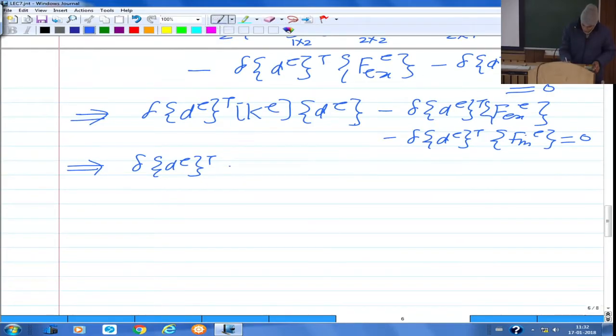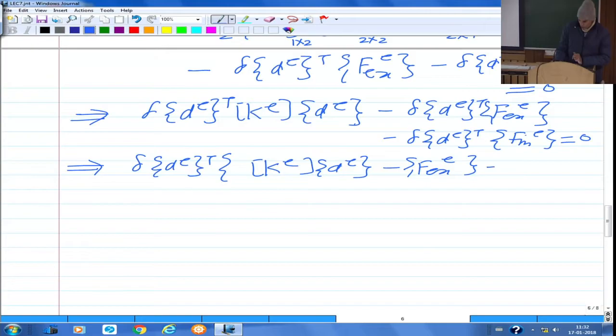What you have inside is the first term KE into dE. I am taking this variation of dE as common on the left-hand side, and what you are left with here is F external E minus F internal E, again equal to 0. Finally it's a scalar number when you multiply.